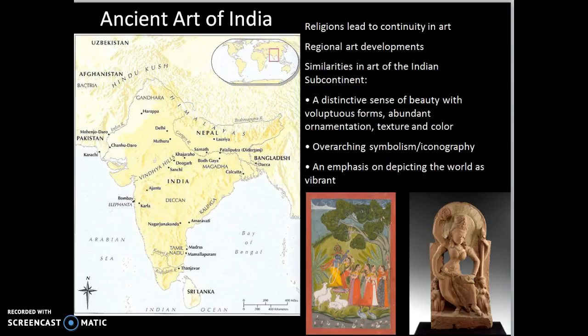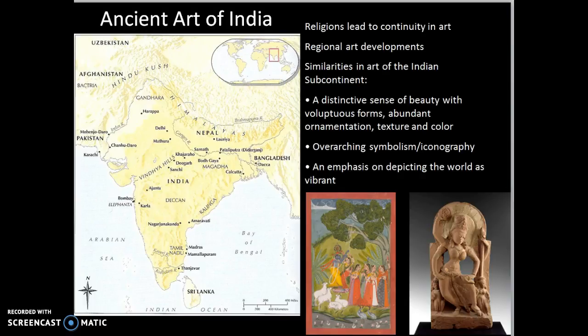Despite the diversity that we find in this area, there are several overarching traits that unite art of the Indian subcontinent. One is a distinct sense of beauty with voluptuous forms, abundant ornamentation, that means decoration, texture, and color.